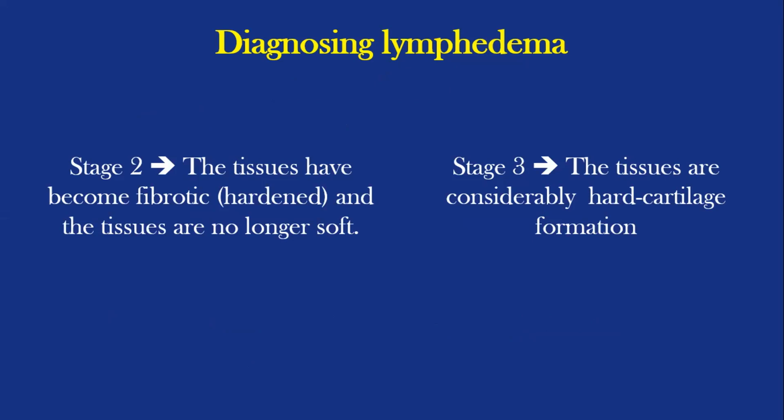In the third stage, we are not able to control the lymphedema, because there is cartilage formation, the tissue is very hard, and there are skin folds. So we can easily treat in stage 1 and stage 2.